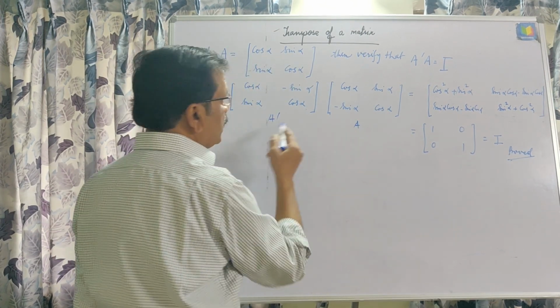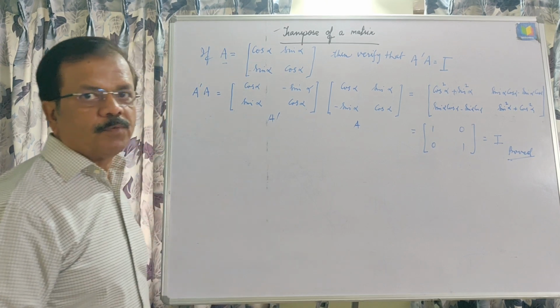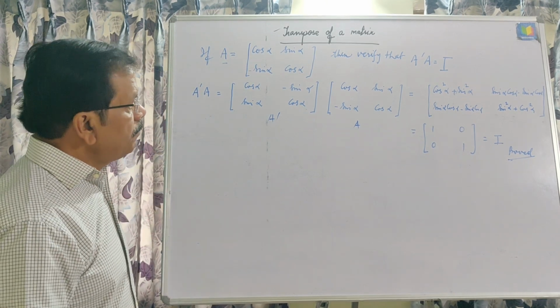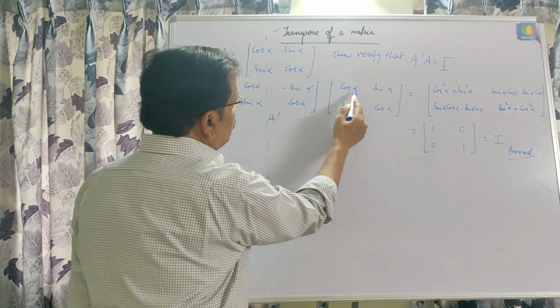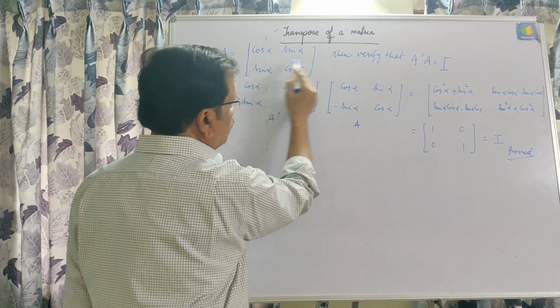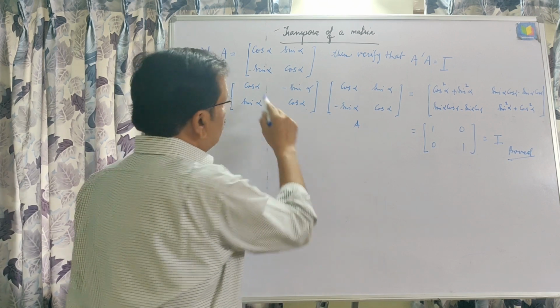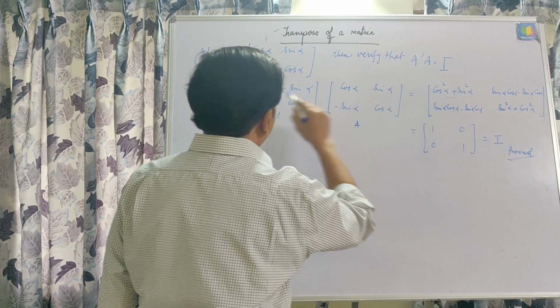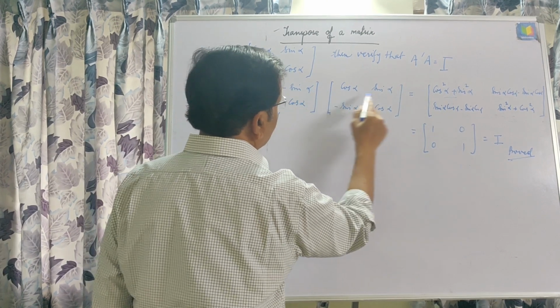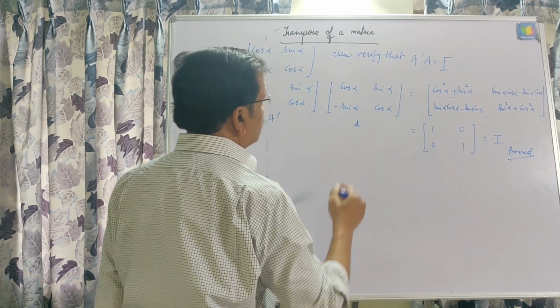Then after multiplication, we can easily multiply because both the matrices are of the same order, and that is why after multiplication, for first row first column, corresponding elements are multiplied and added: cos square alpha plus sin square alpha. In the same way, sin alpha cos alpha minus sin alpha cos alpha.